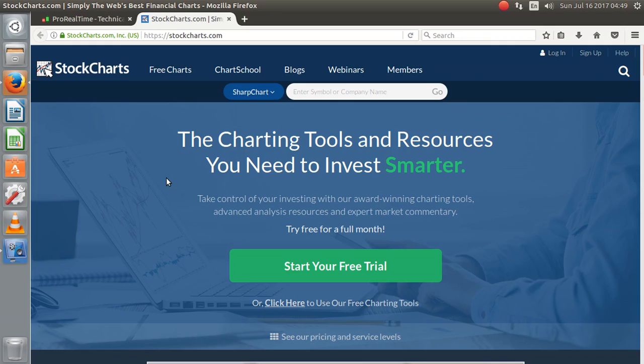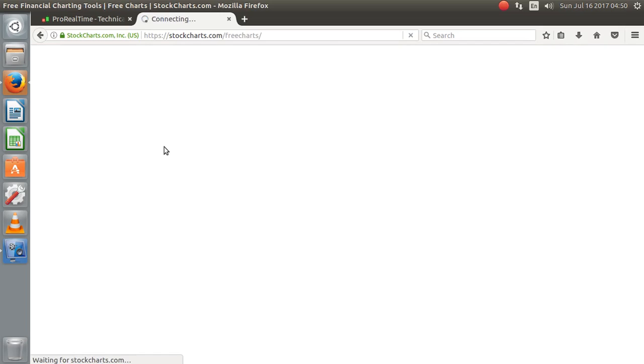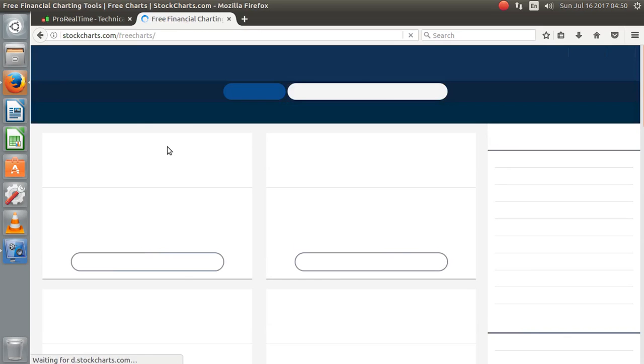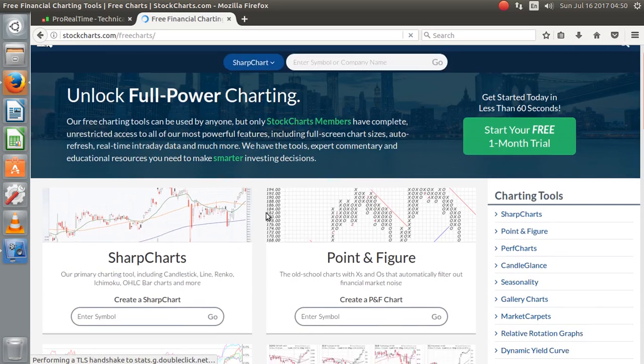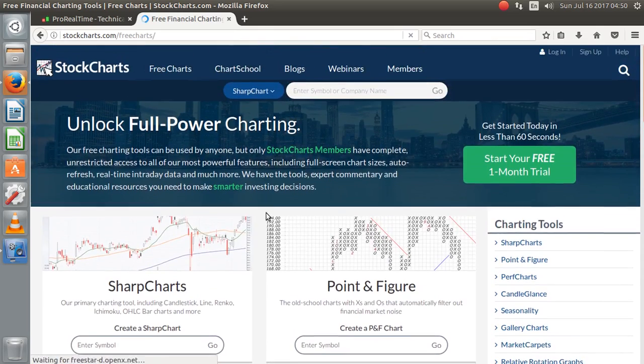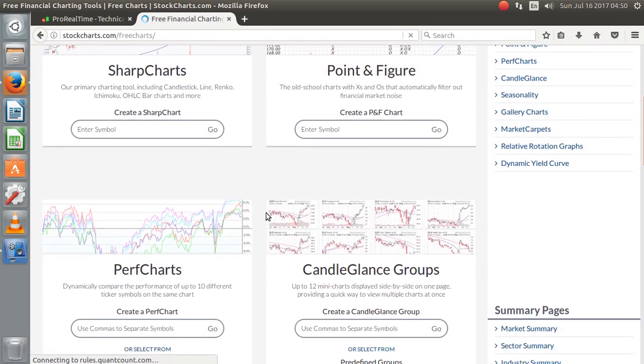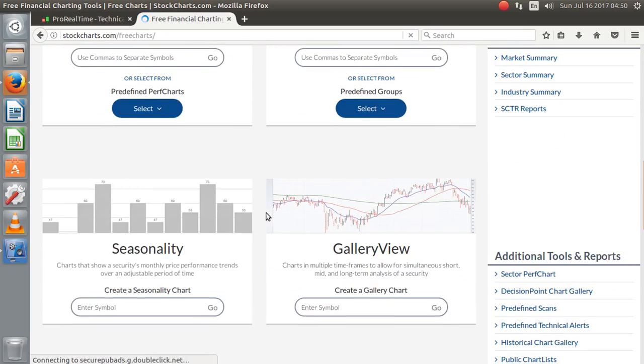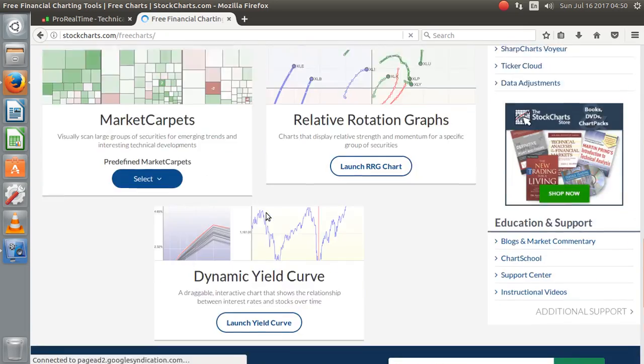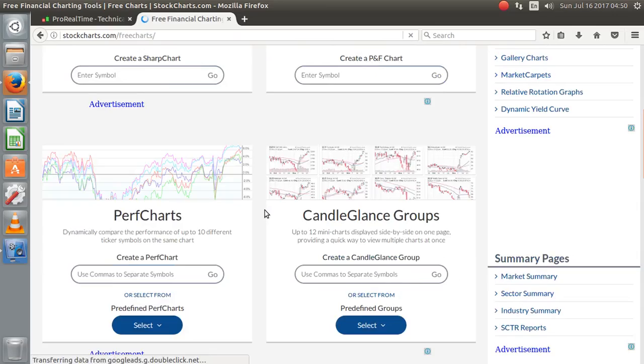Some assets like Forex virtually go for 24/7, and you can access this right here. Let me just show you that one. Free charts. Okay, you see you got a lot of options here, and these are all free with end of day data. Okay, anyway, let's go back up to the simplest and easiest to use.